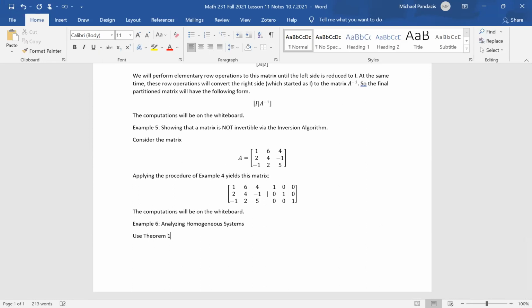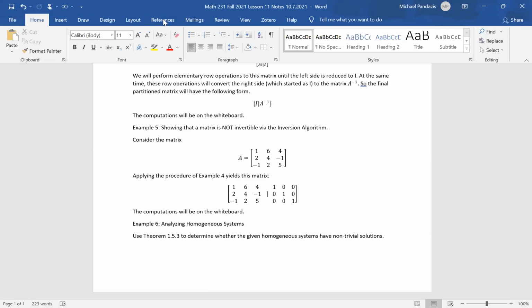So use theorem 1.5.3 to determine whether the given homogeneous systems have non-trivial solutions. Okay, so what was theorem 1.5.3?